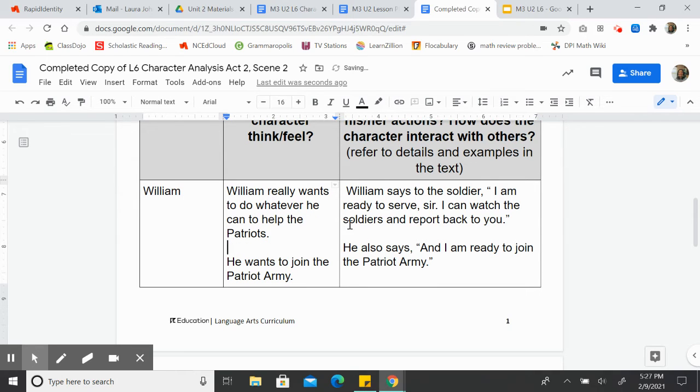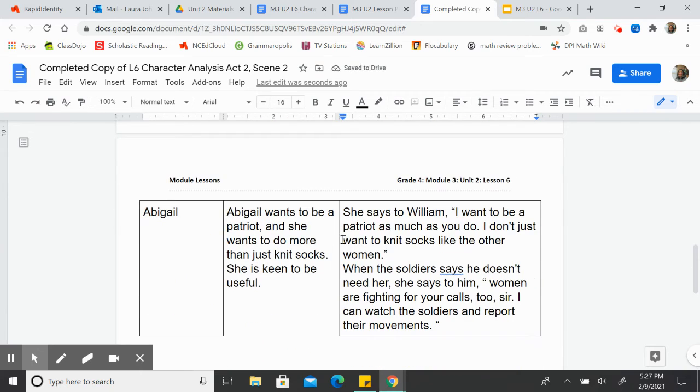Okay. So I'm going to kind of put some spaces right here for the next one. For Abigail, she wants to be a patriot and she wants to do more than just knit socks. Sorry, you see I'm fixing errors as we go. She says to William, "I want to be a patriot as much as you do. I don't want to just knit socks like the other women."